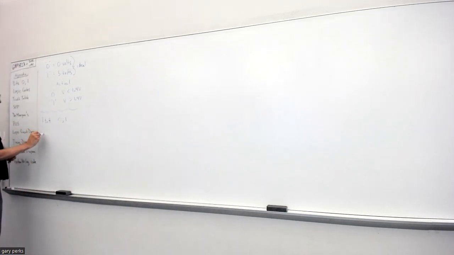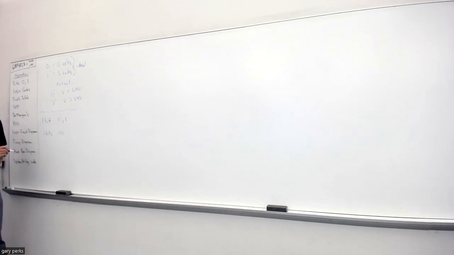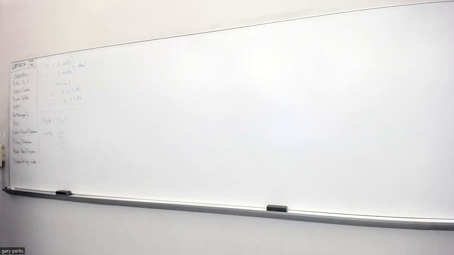If I have 2 bits, both those bits could be 0 at the same time, or this bit could be 0 and this could be a 1, or this bit could be 1 and this bit could be 0, or both bits could be 1. So if I have 2 bits, I can represent 4 different values, right? I have 4 unique combinations of 0 and 1.